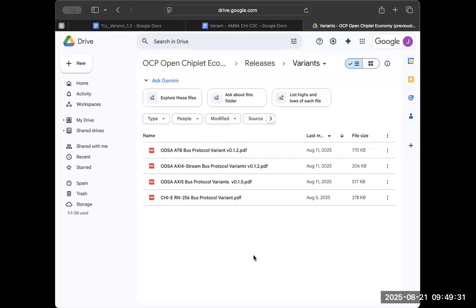It's an interesting effort. The question is, does it apply to everybody? Can we come up with flexible means to say that with these types of variants or protocol support, you can have a lot more flexibility in how you compose the system with chiplets? It's much more open and gives more freedom in how the integration is done.